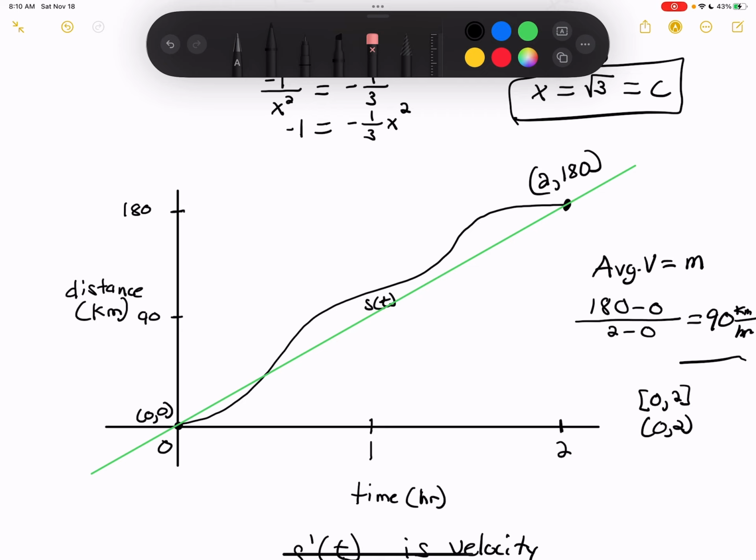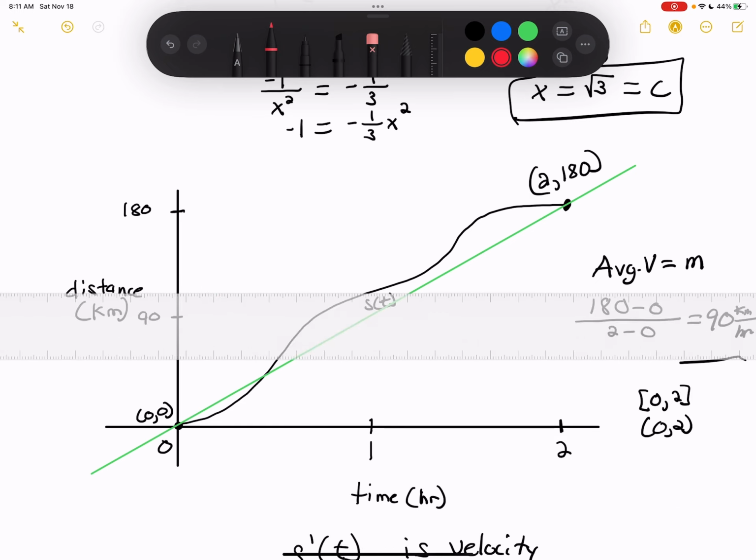At least one point. And by the way, instantaneous velocity at a certain point in time would be the slope of a tangent line, not the secant line. So it looks to be somewhere around here.